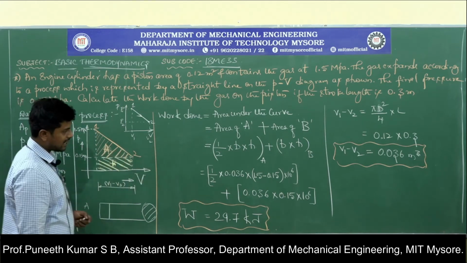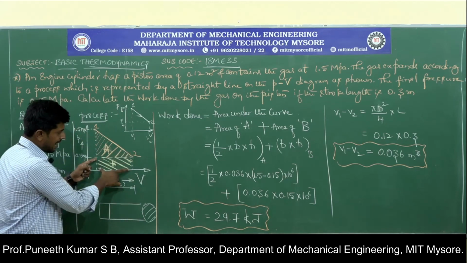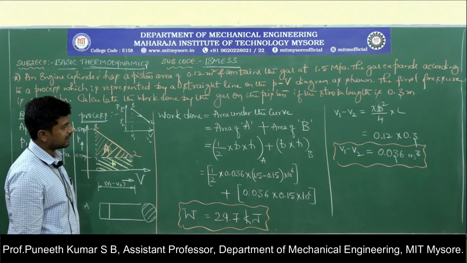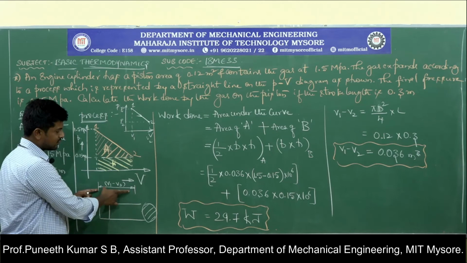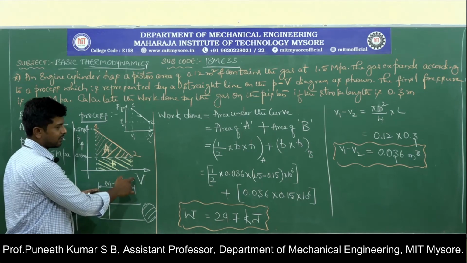Now, to understand the base of the triangle and rectangle, let me say it is the swept volume. The piston is moving from this point to this point, that is the swept volume.